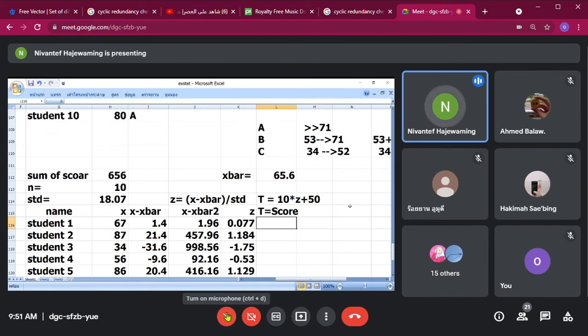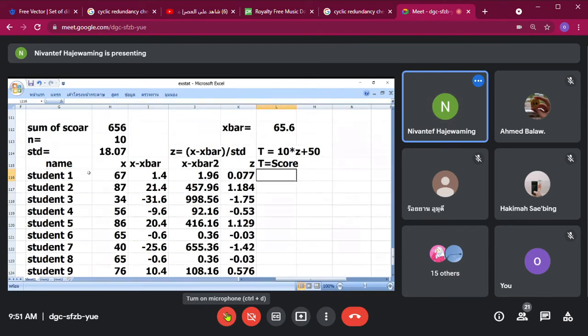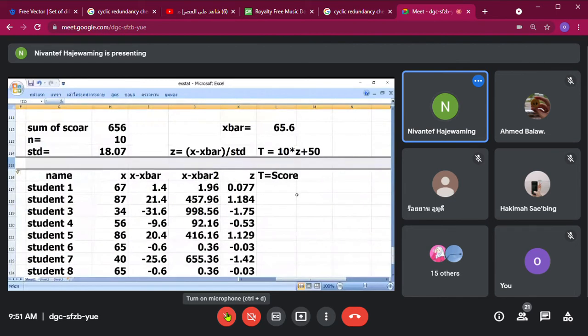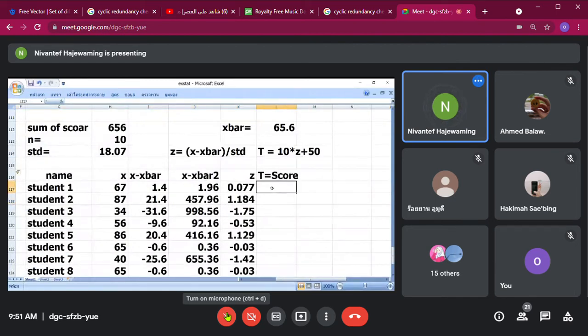We can find T score here. T score, this number, it means 10 multiply that. I show you here, the first person. It is 10 multiply by, oh, no, sorry, multiply by 0.077, right?